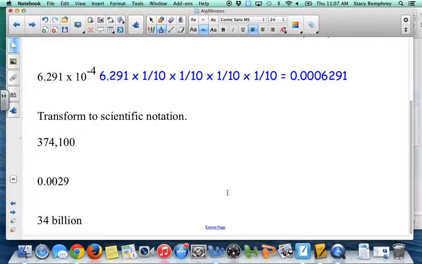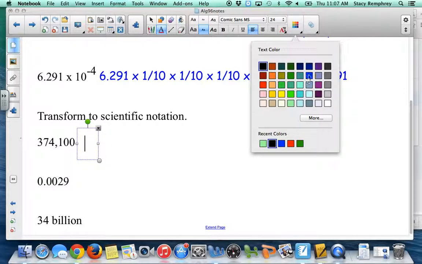When we get down here, now we're doing the opposite. We're going to take them and transfer them to scientific notation. In order to be in scientific notation, this coefficient right here must be greater than or equal to 1, so 1 or higher, and it must be less than 10. So the decimal right now is right here, and I'm going to move that over until I get a number between 1 and less than 10.